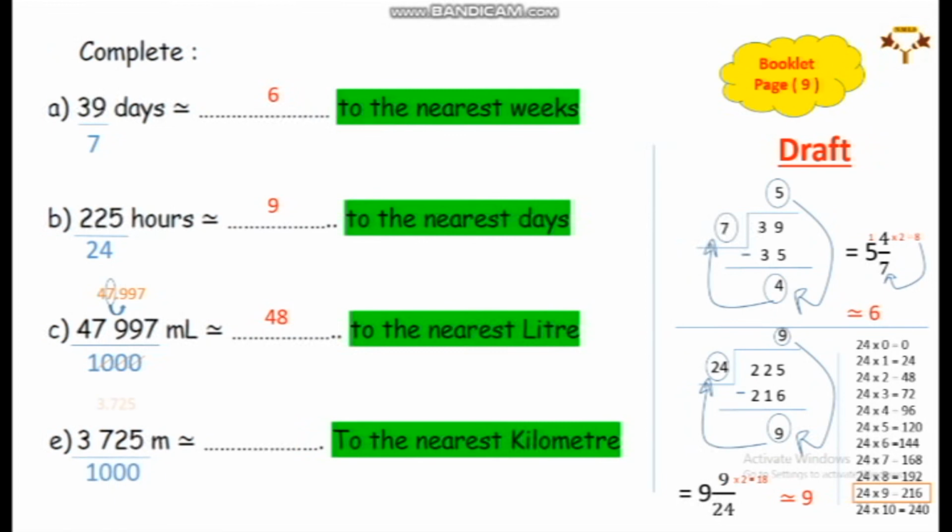Excellent. So the answer will be 3.725. But right now you have to approximate it to the nearest kilometer, which means that you have to approximate it to the nearest unit. So let's circle the units place together. Look after, the 7 is from the strong family, so it will give 1 to the 3. The answer will be 4.